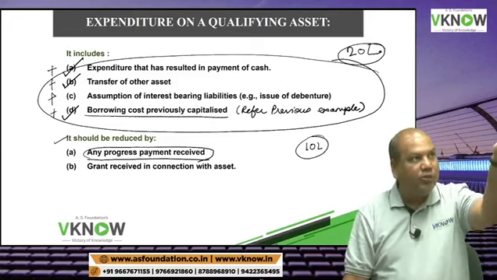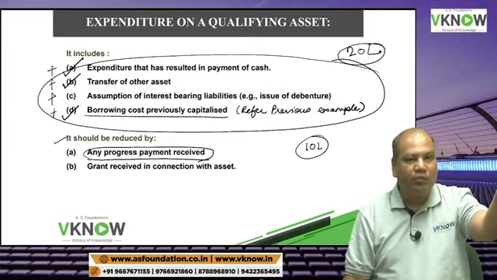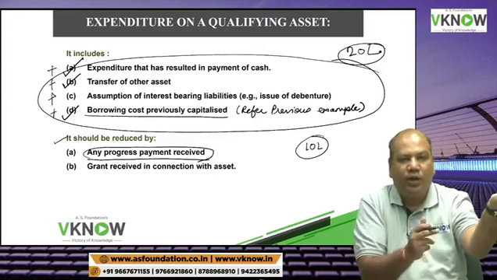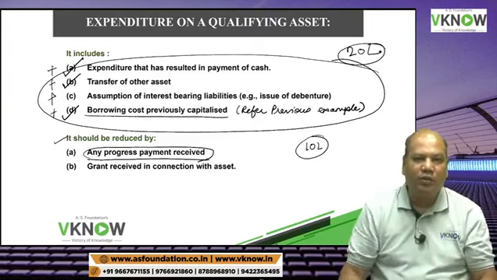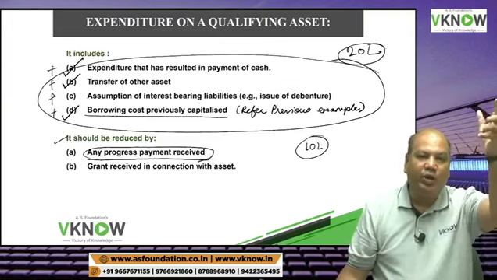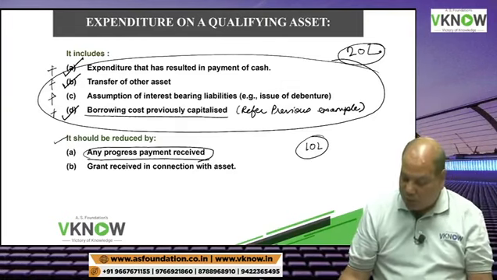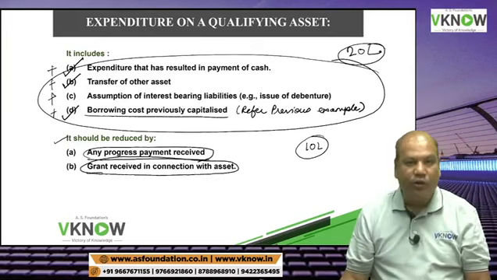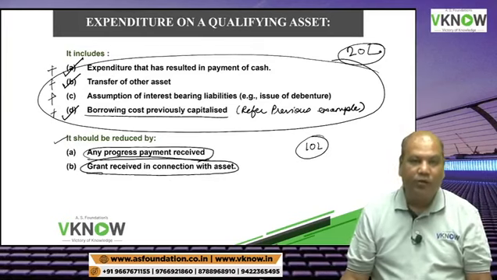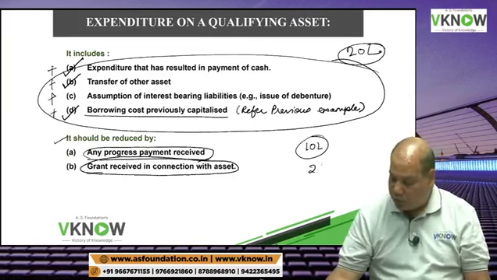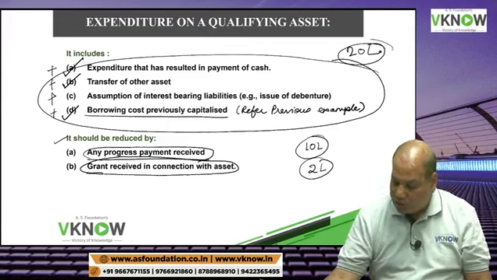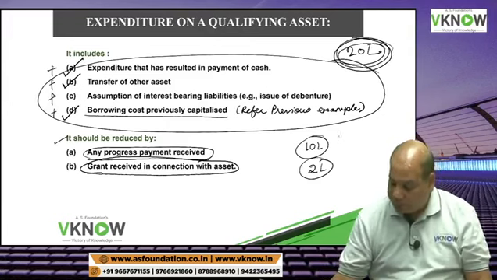What you have put from your pocket. To construct this building, I require 20 lakh. 10 lakh has been financed by the client, so my expenditure is only 10 lakh. That means 10 lakh was funded out of borrowed money. And similarly, if any grant has been received in connection with the asset, suppose 2 lakh rupees grant has also been received, my total gross expenditure is 20 lakh.